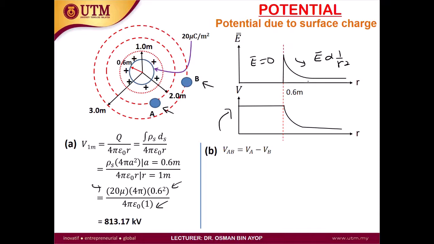Compare with potential. Inside the hollow sphere, we have a potential value which is constant. V is maximum and has a constant value. And when going outside the sphere, it will reduce by the factor of 1 over R. Please remember that.